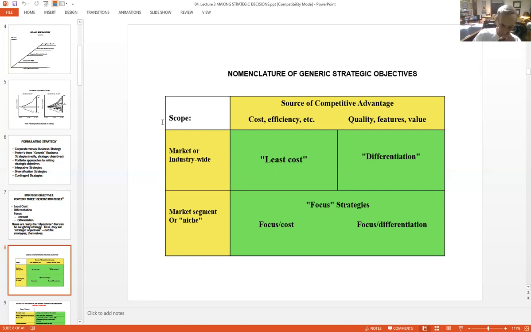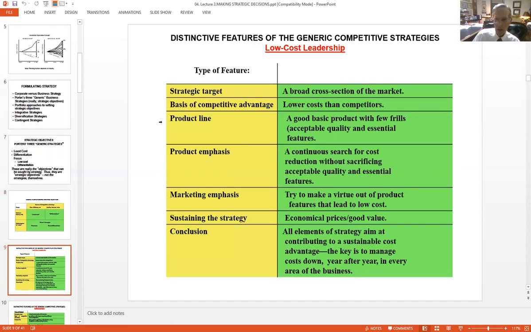Now, there are other types of strategies, including hybrid strategies that seek to achieve both low cost and differentiation. And we'll get into those in just a minute. Here, I'm going to let you look at three tables of information that I got from another old textbook on strategic management, goes way back.